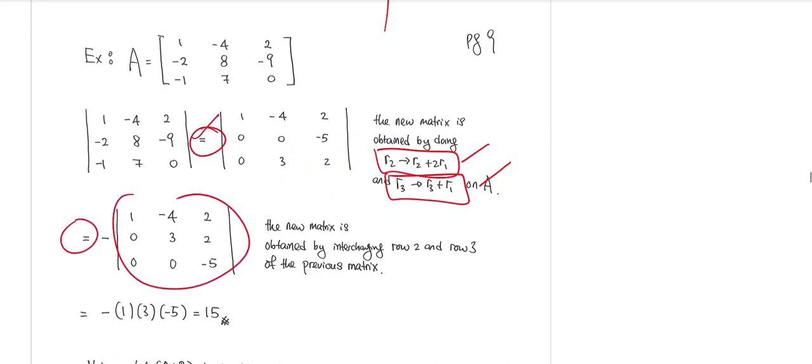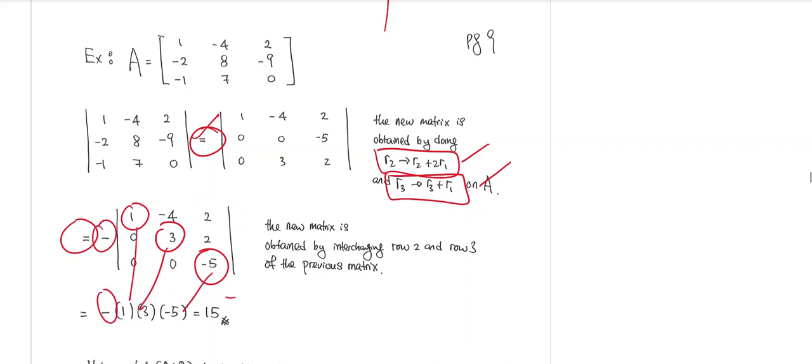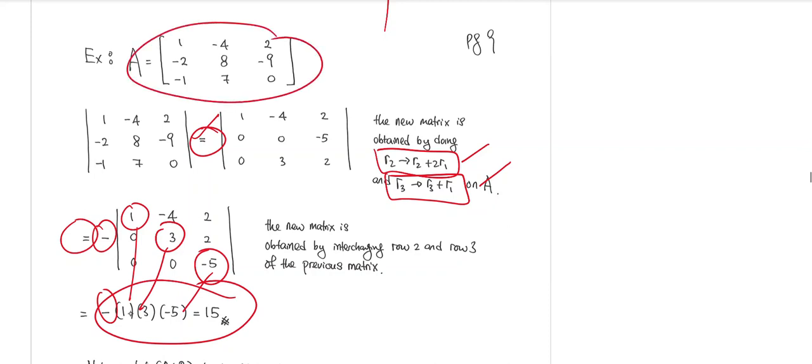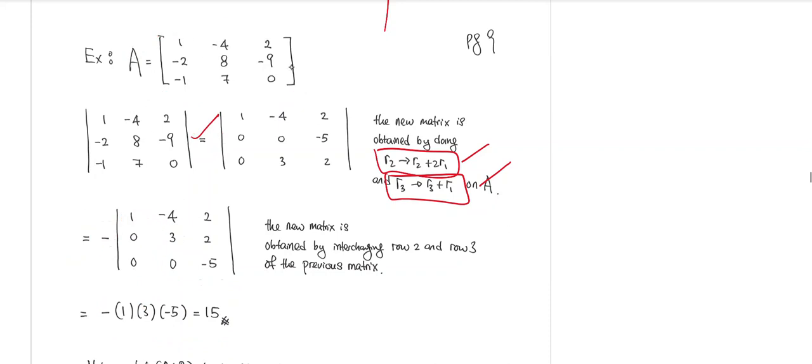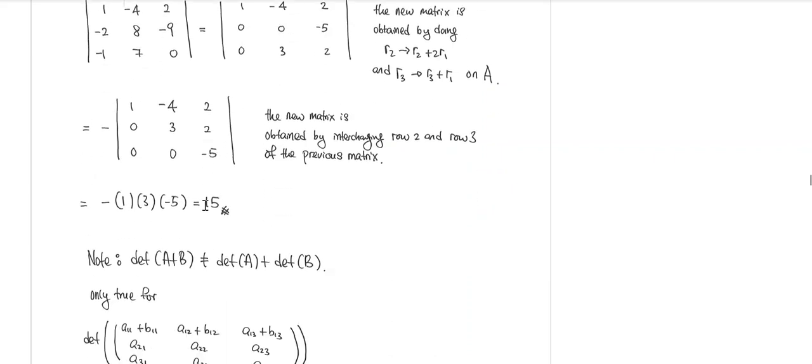Now I don't have to go all the way to RREF, because this is an upper triangular matrix, and for an upper triangular matrix, the determinant is nothing but the product of the entries on the diagonal. So with this negative, with the 1 and 3 and -5, we compute that as 15. So the determinant for this matrix is 15. We can actually do that using row operations instead of the cofactor expansions. So this gives you an alternative.